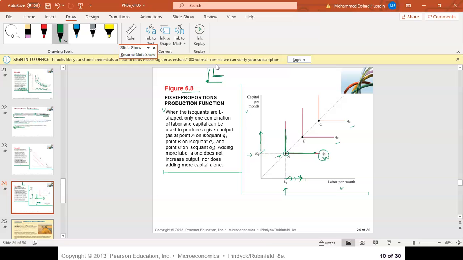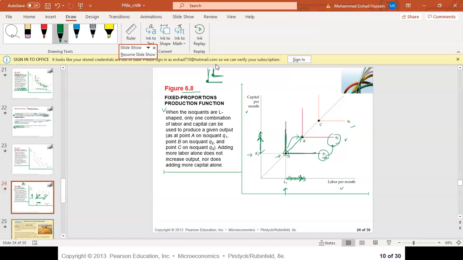If you increase both capital and labor in the same proportion, to go from A to B, we produce more. Q2 is to the right and above Q1, so at Q2 output is higher than Q1.